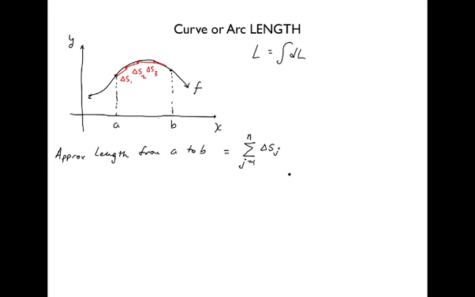So the first one, the second one, the third one, all the way up to the nth. J is keeping track of which segment we're on, right? First segment, second segment, third segment. And delta S sub J is the little length of each segment. We're going to sum them all up, starting with the first one up to the last one, the nth. So n total segments, right? That's a B.